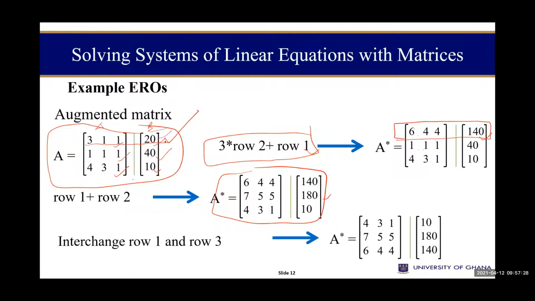So 3 times row 2 plus row 1, we are only doing the operation in row 1. So it is not 3, 3, 3. It's 3 times 1 plus 3 will give you 6. Row 2 will still remain the same because the operation is on row 1.